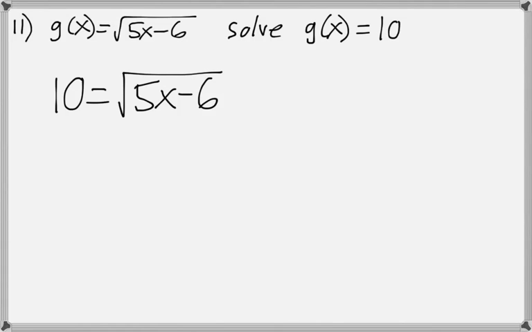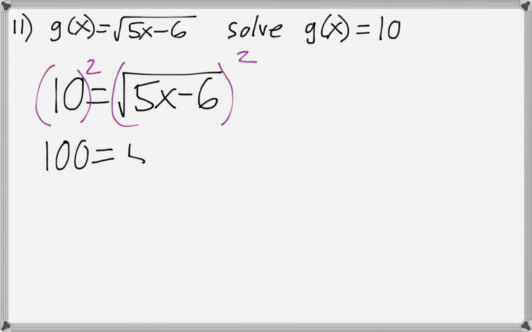So what essentially it's asking is, what values for x do I need to plug in to get 10 as the output? So I can solve this. I just need to square both sides. So that'll be 100 is equal to 5x minus 6.